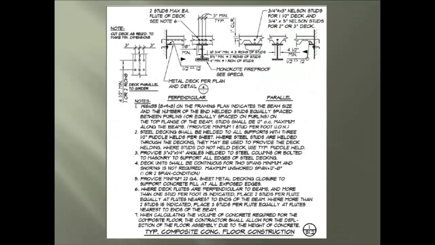Here with this detail is a major word that you as a quality control and quality assurance professional must understand to be able to have success in the construction industry, and that word is composite. What is composite construction?